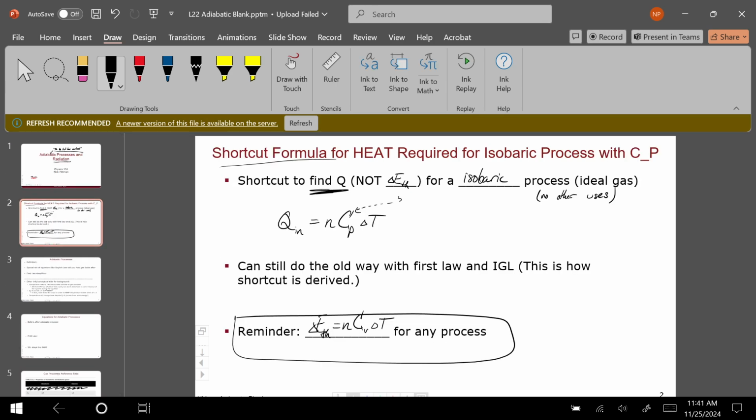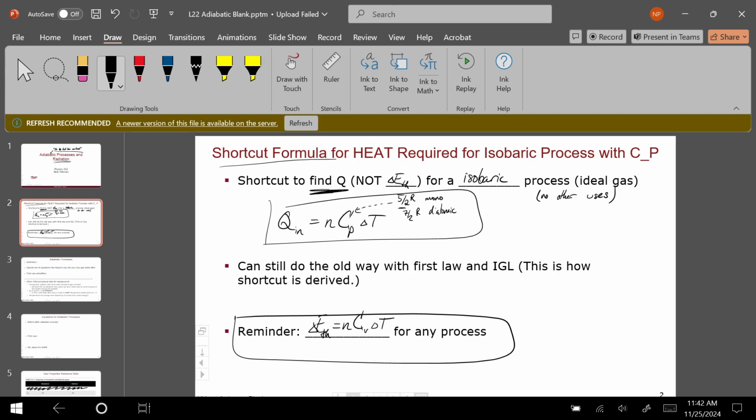It is 5/2 R for monoatomic gases, and 7/2 R for diatomic. Okay, don't confuse. So it's 5 halves for the monoatomic here. Remember that for CV, the diatomics had CV equals 5 halves. For CP, everything gets cranked up by 2 halves. Okay, so these are universal values.